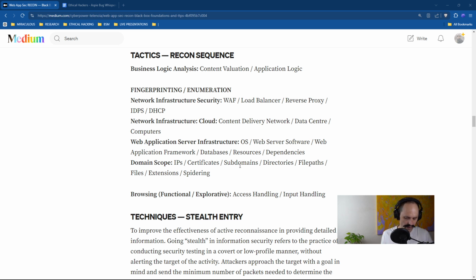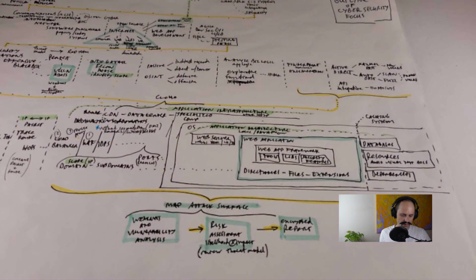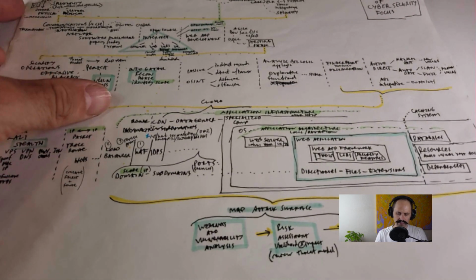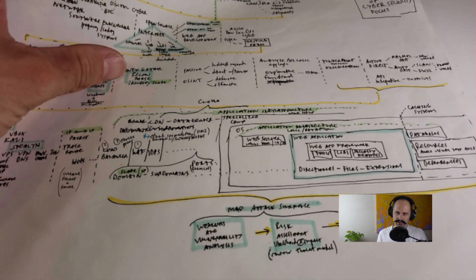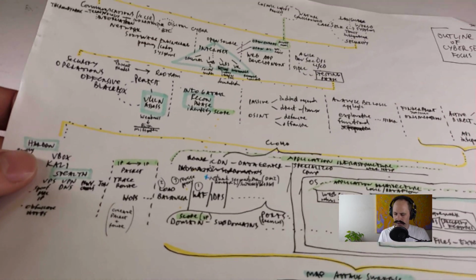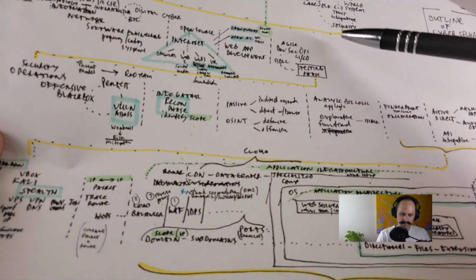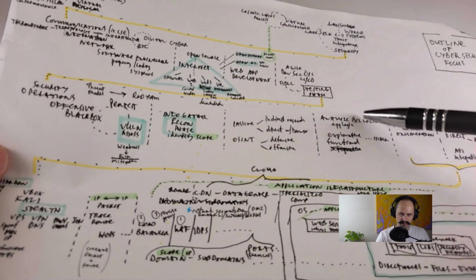I'd like to show you a different map at this point. I have another one that we'll be referring to quite often and will be enhancing over time, but it shows what was just stated here. This mapping goes like this.